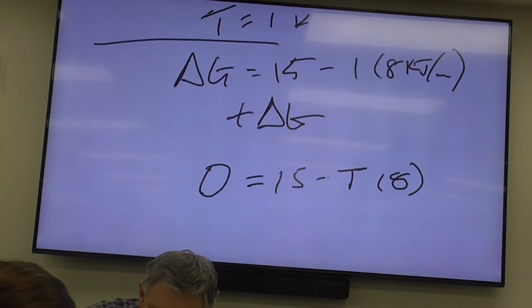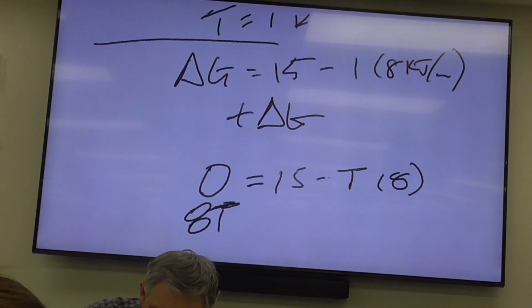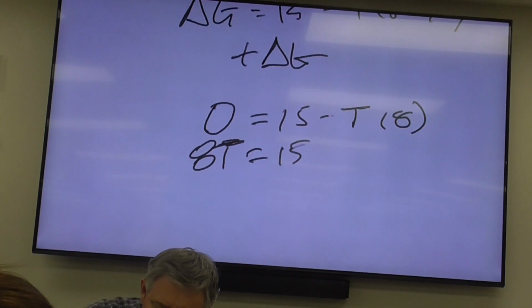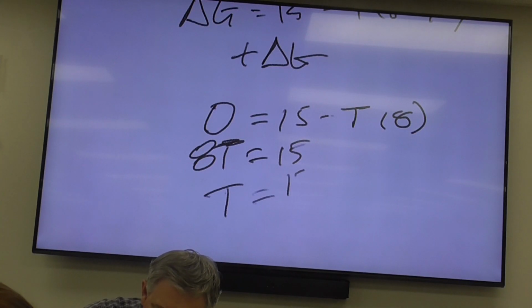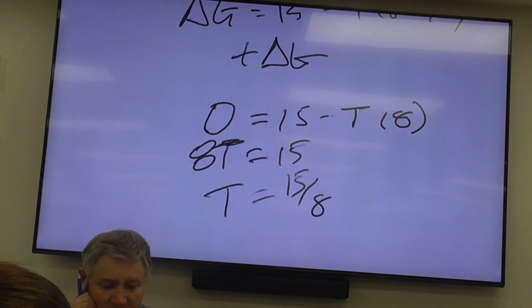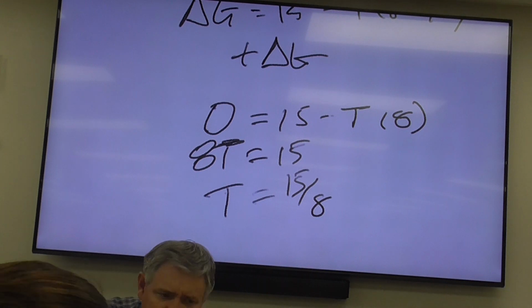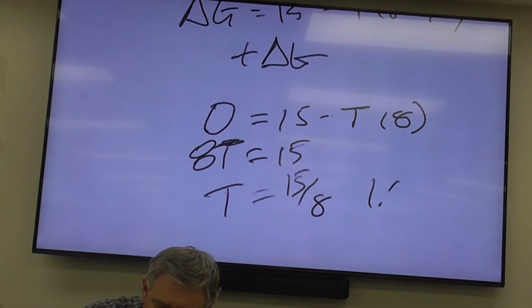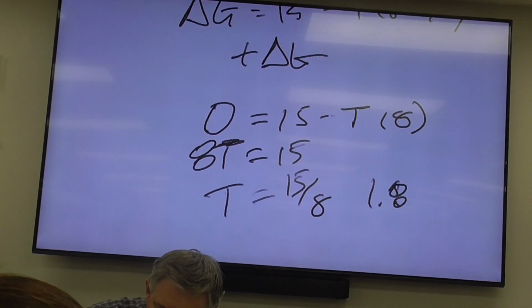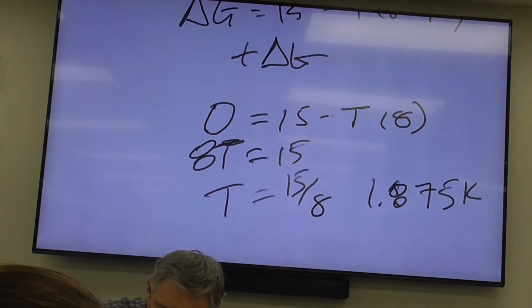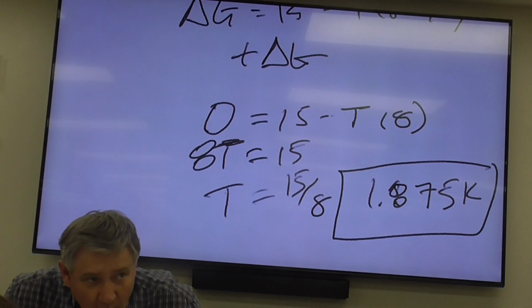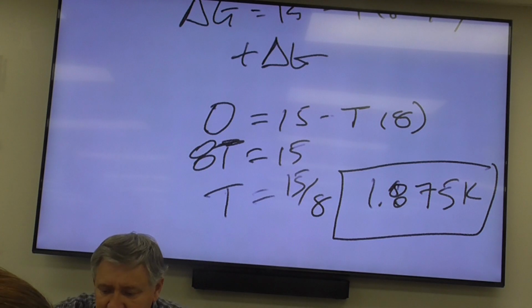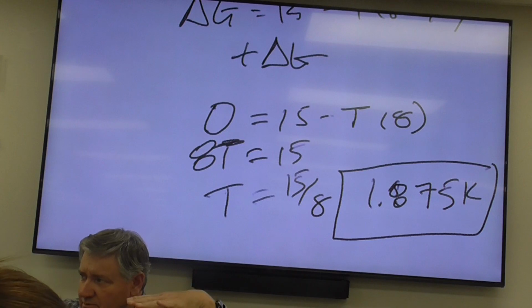Add that over, I get 8T equals 15. T is going to equal 15 divided by 8. Take 15 and divide it by 8. 1.875. So at 1.875 Kelvin, the system's going to be in equilibrium.